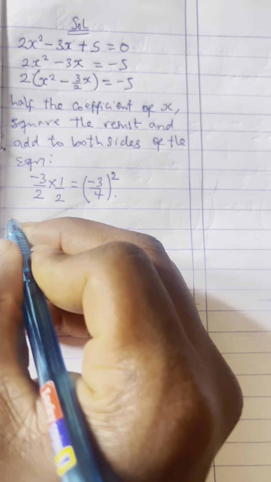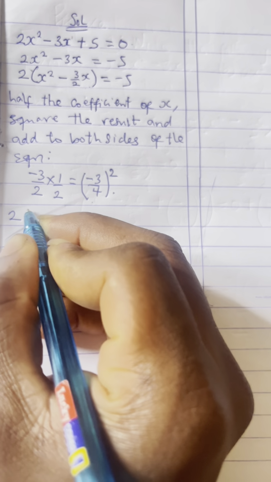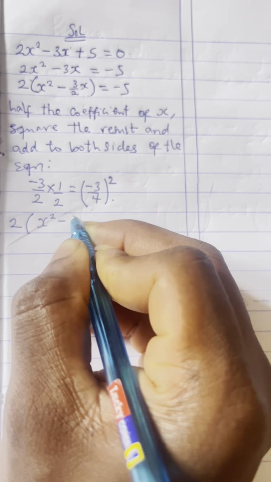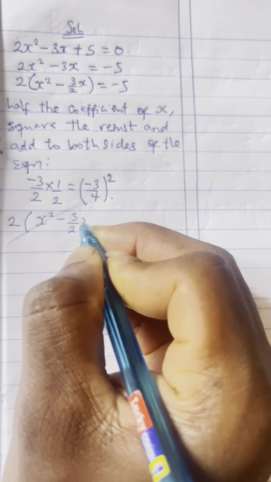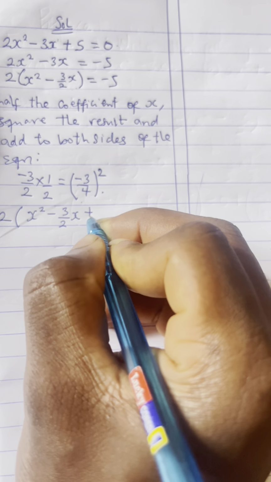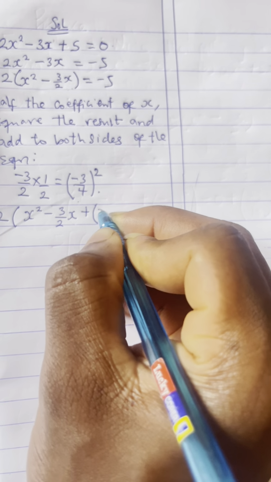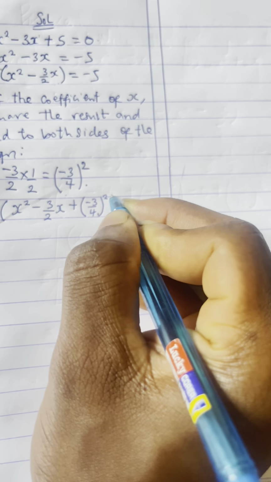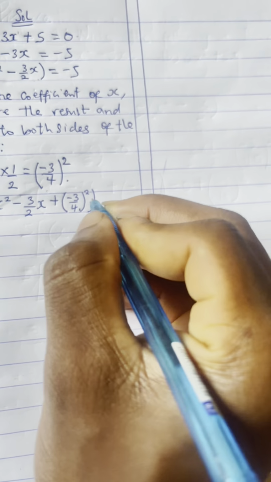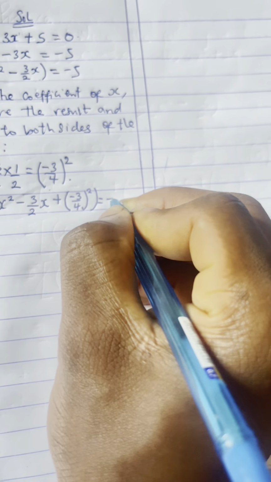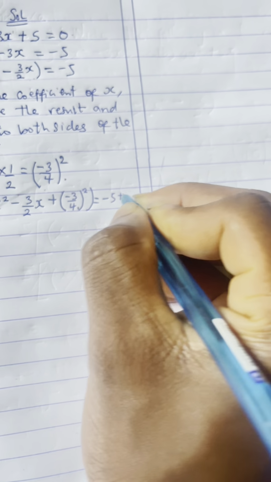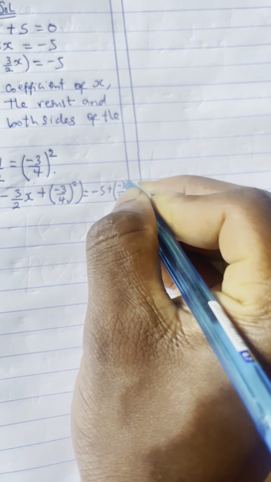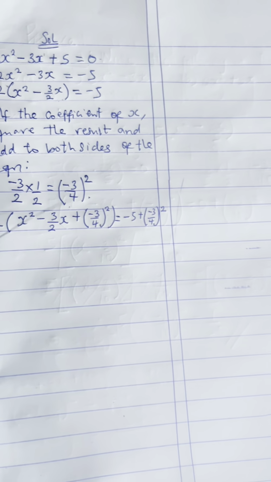So that will be 2 open bracket x squared minus 3 over 2x plus open bracket minus 3 over 4 all squared close the general bracket is equal to minus 5 plus minus 3 over 4 all squared.